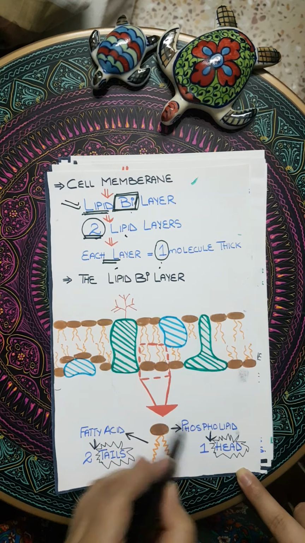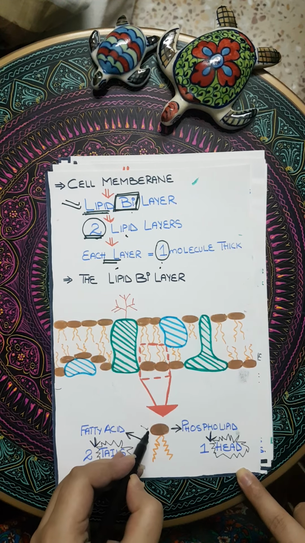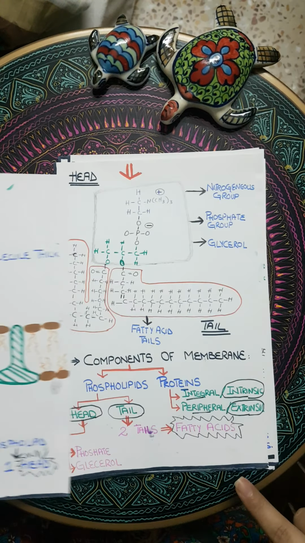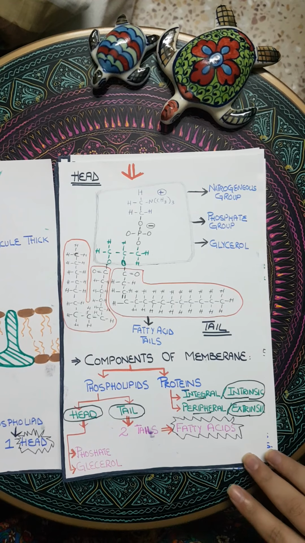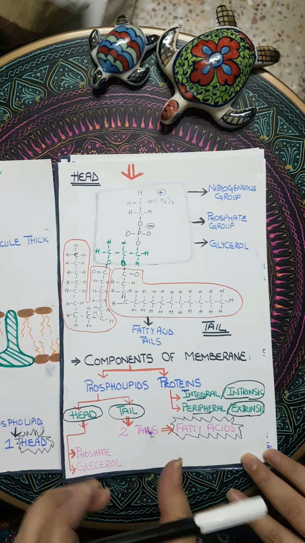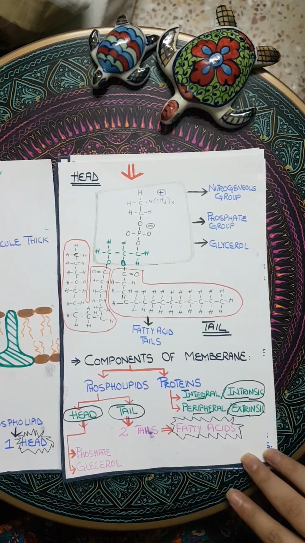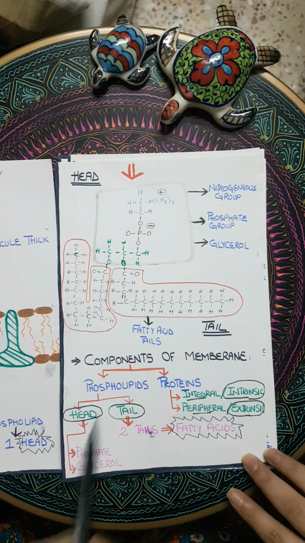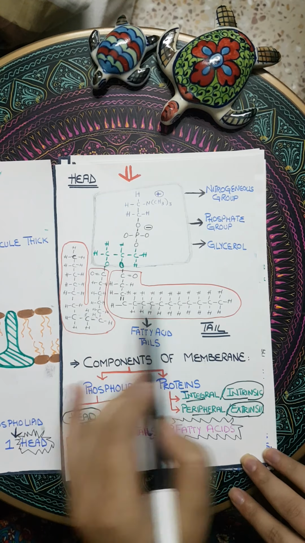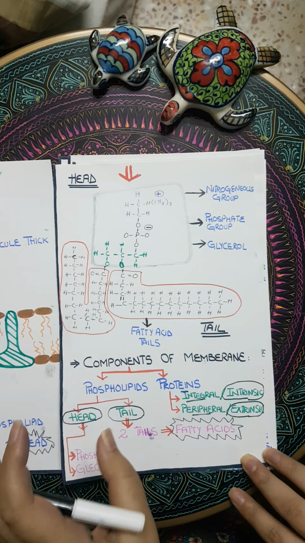Now, a phospholipid molecule has a head and two tails. Okay, and this is the molecular structure or chemical structure of the phospholipid. This thing here is the head, and these two red ones are the tails.